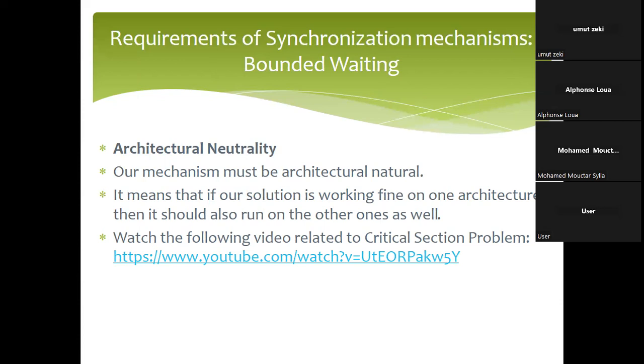This is not architecture, but maybe AMD. Let's say if you find a solution in AMD architecture, it should work in Intel as well. So in different computer architectures, it should work. Okay, this is called architectural neutrality.